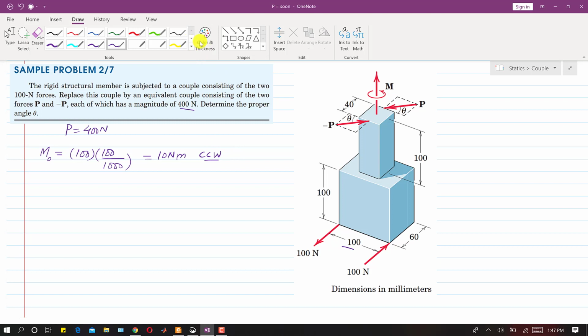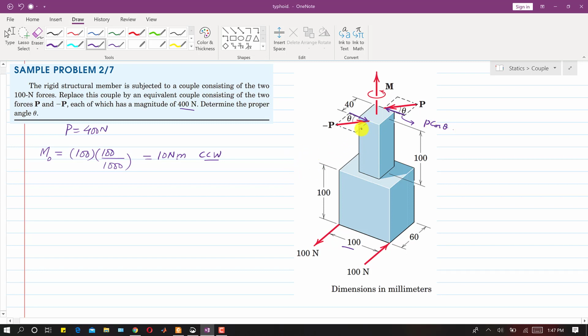Now if I resolve this P into its components, we will have this component, and the other component will be in this direction. These two components are the cos components, so this component is P cos theta.